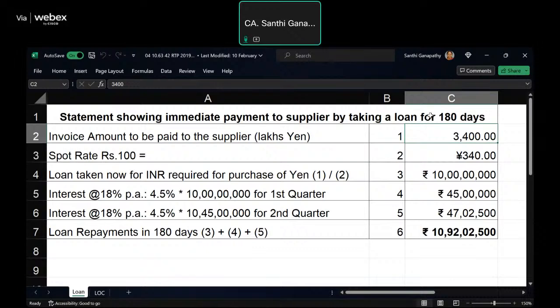So what will be the amount of loan you will take? How much is the interest you will pay? What will be the loan repayment?